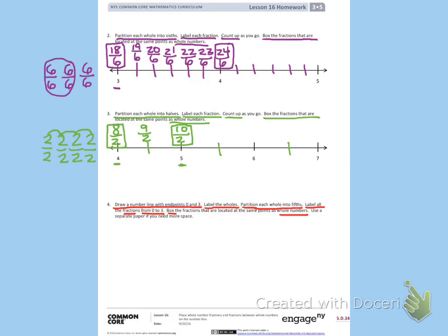First, I'll go ahead and draw my number line with endpoints 0 and 3. I'll label the wholes. So 1 and 2. I think I'll try that again and make them a little bit more evenly spaced.